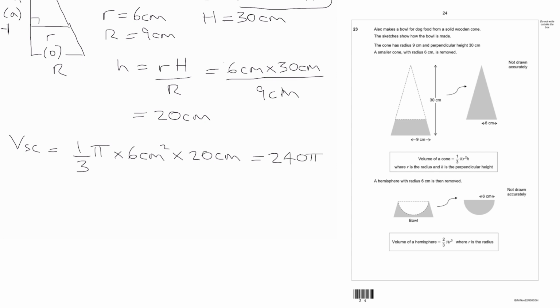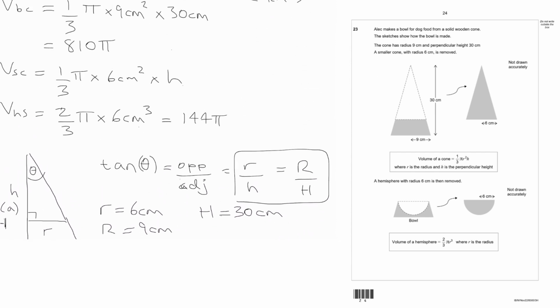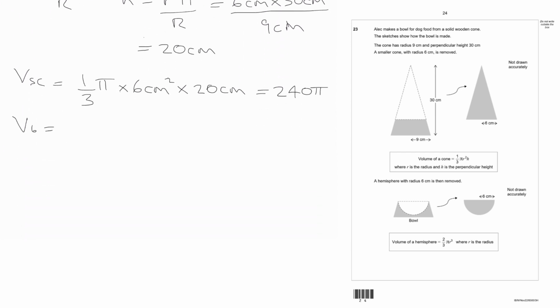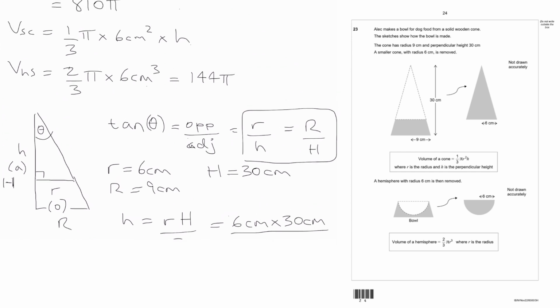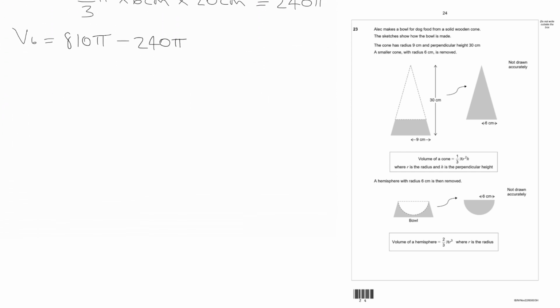So going back to the volume of the bowl, we've said that the volume of the big cone is 810 pi. And from this, we subtract the volume of the small cone, which is 240 pi, and we subtract the volume of the hemisphere, which is 144 pi. And this gives us a value of 426 pi, and let's just remember our units, which are centimetres cubed, as this is a volume.